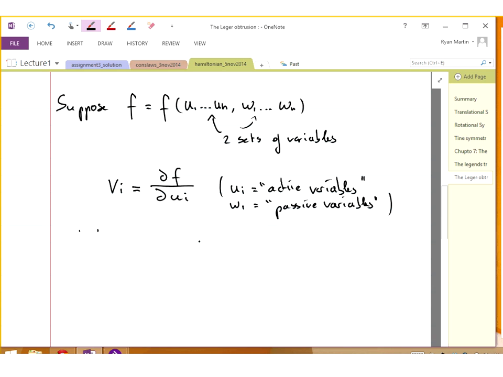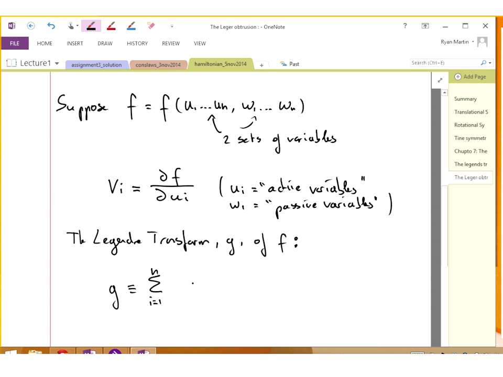So then the Legendre transform G of f is given by the exact same formula. It's the sum from i equals 1 to n of ui vi minus f. So the f is not in the sum yet. Okay?